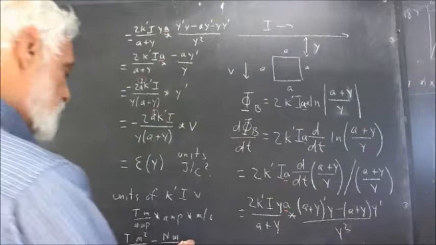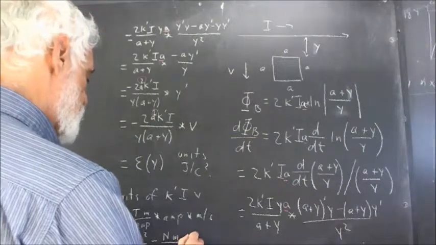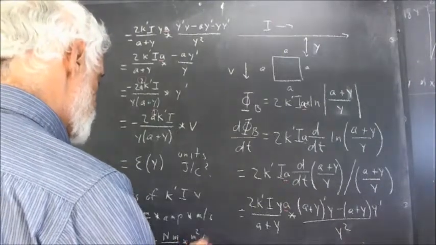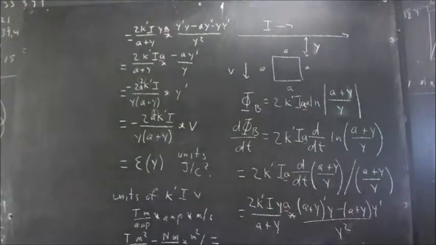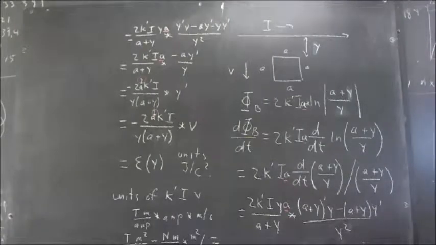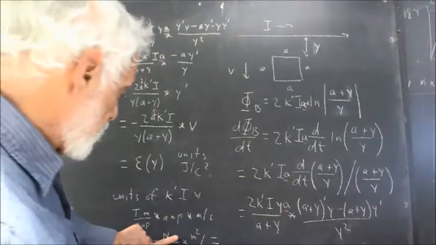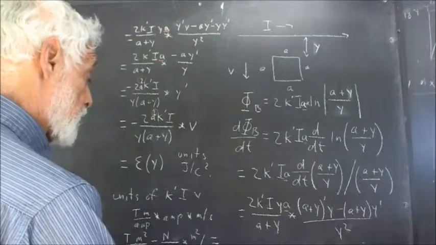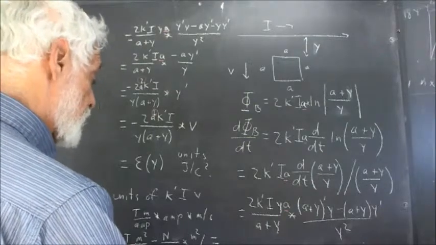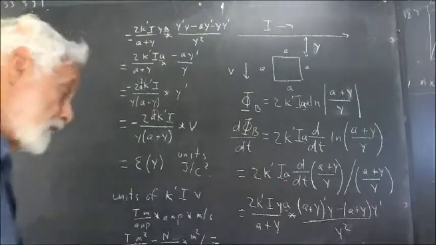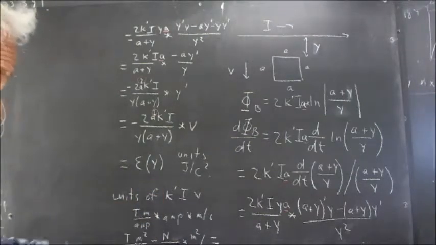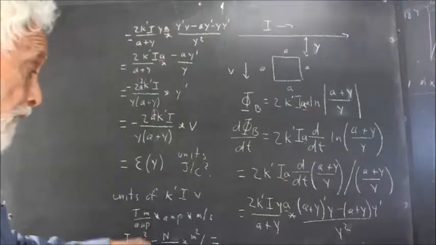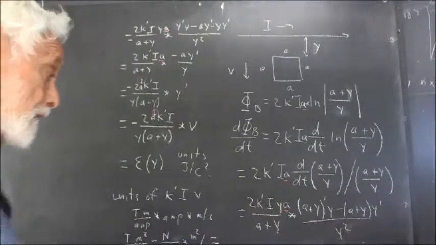So that's Tesla meter per amp times meter squared per second. I've got this meter in the wrong place, just demonstrating for you why you don't want to try to memorize these conversions. You simply have to understand them, and we've done this previously. Anyhow, you end up with a Newton meter per amp second.